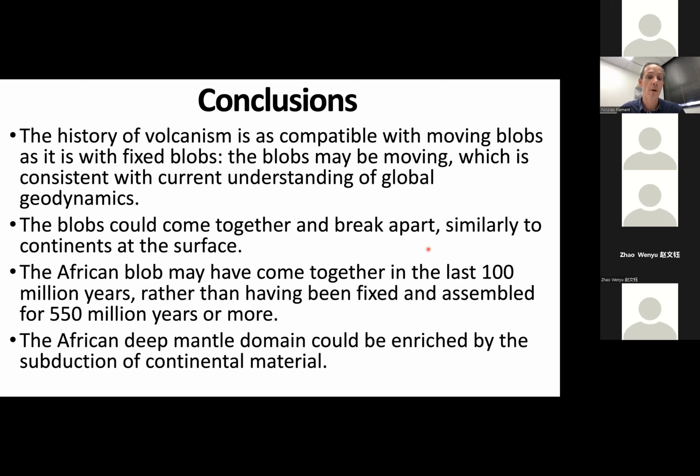And the African blob may have come together in the last 100 million years, rather than having been fixed and assembled for perhaps 500 million years, 550 million years, or even more, as proposed by others before. And finally, the African deep mantle domain could be enriched by the subduction of continental material.